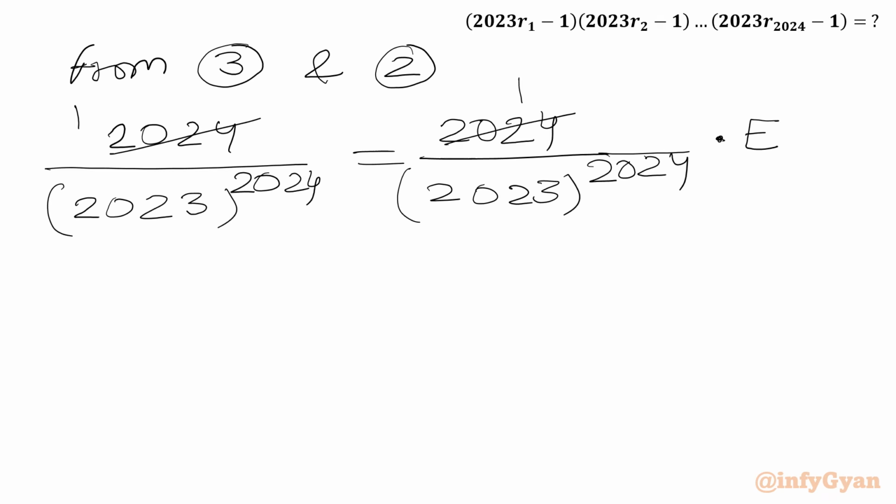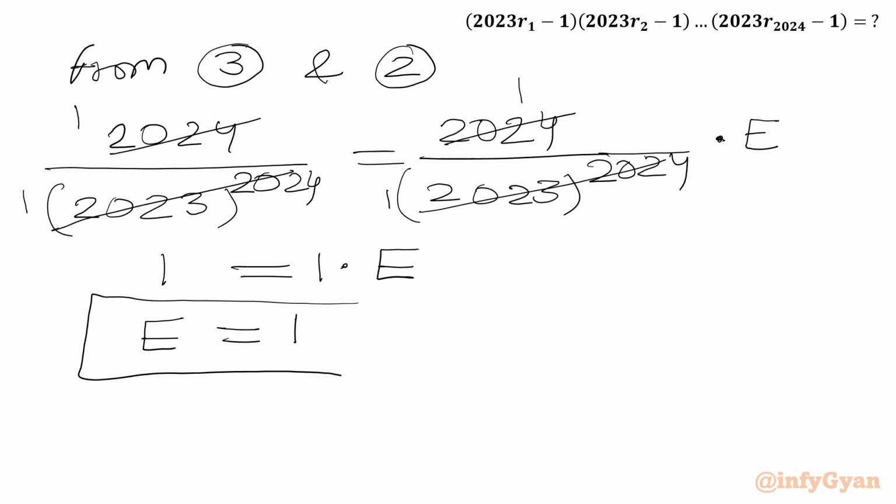We will multiply both sides by 2023 with power 2024, so we will get 1 in the denominator also. So 1 is equal to 1 times E, or we can write E equal to 1. So our final answer: the expression value is 1.